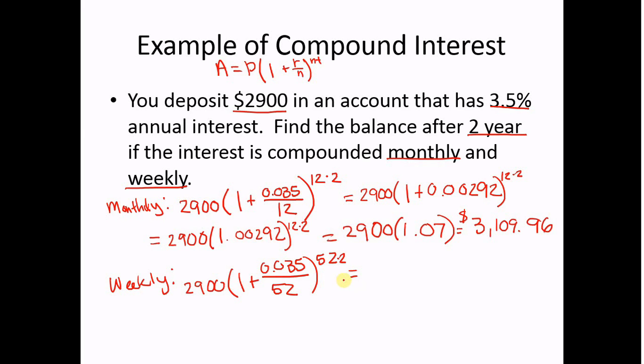This can go immediately into the calculator. However, be very careful. Make sure you use parentheses galore so that everything is being taken to the right power and dividing and all that. You should get $3,110.20 approximately.